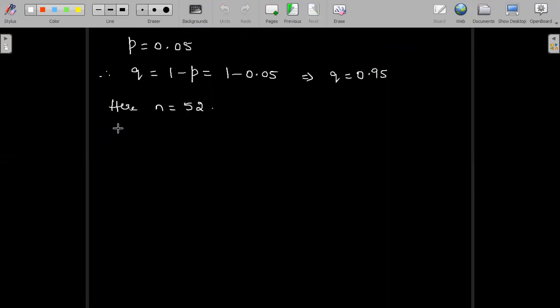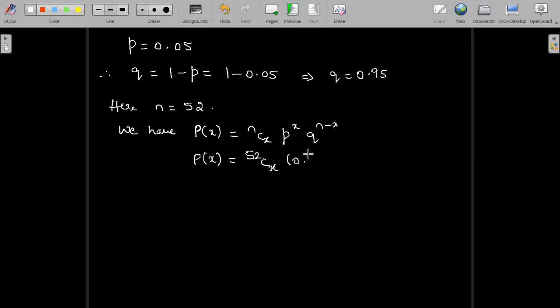P of X is given by NCX P power X Q power N minus X. Substituting all the known things, this is 52CX into P power X, P is 0.05 power X, and Q is 0.95 power N minus X, N is 52, so 52 minus X.